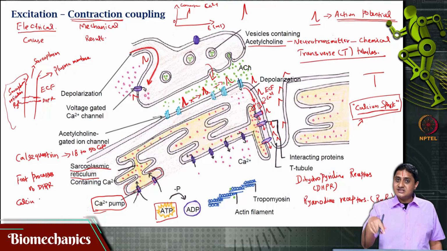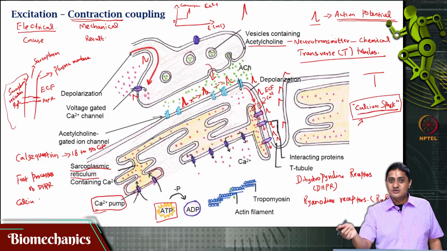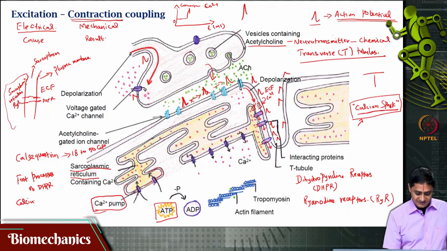The reason why it releases a lot of calcium is because it detected the presence of calcium just outside the sarcoplasmic reticulum. So, it releases calcium from the inside. This situation is called calcium induced calcium release, or rather CICR.